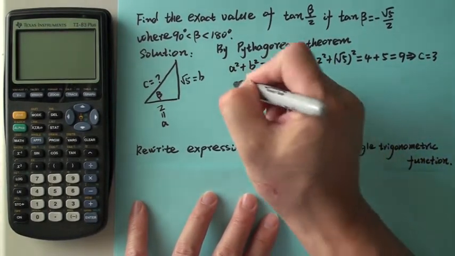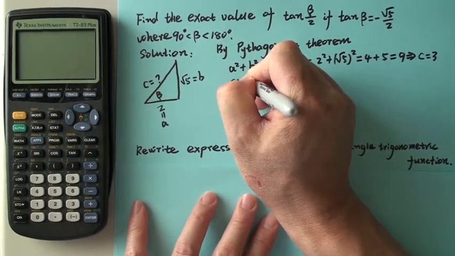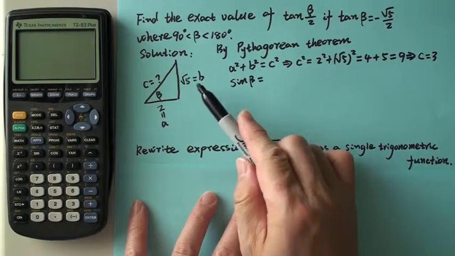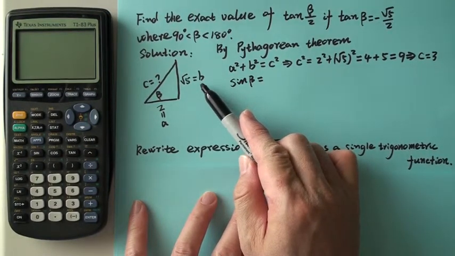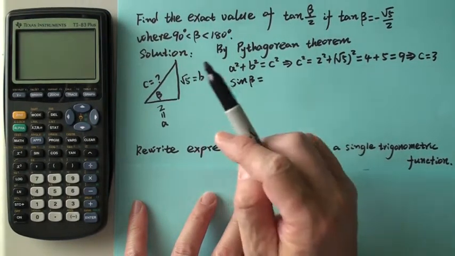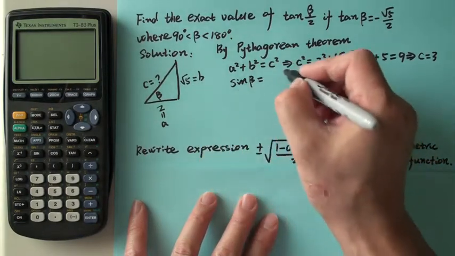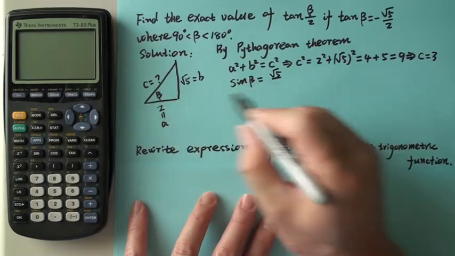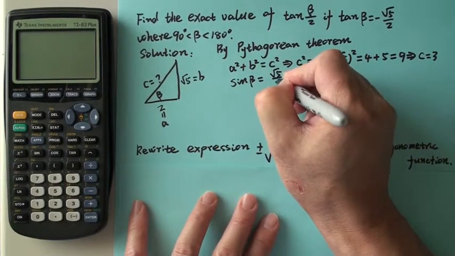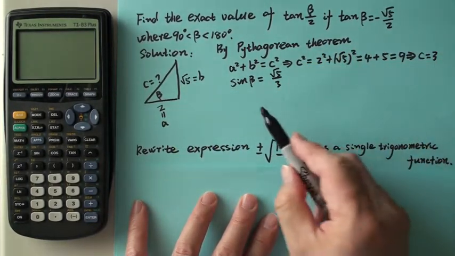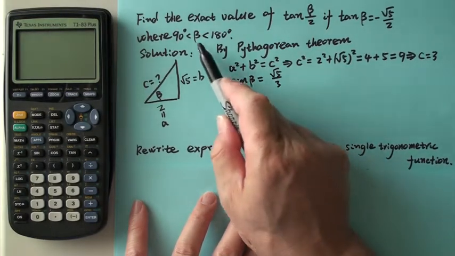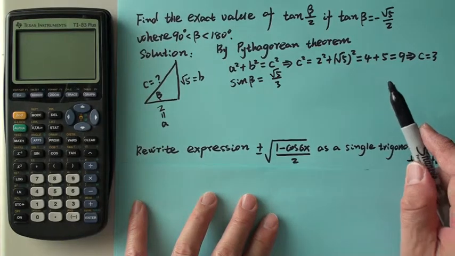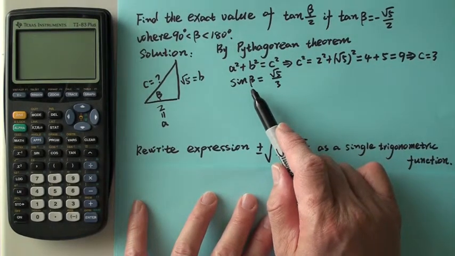Now what do we get? Sine beta is the opposite side over the hypotenuse. The opposite side is radical 5, over c, which is 3. Then beta is in the second quadrant, and in the second quadrant sine beta is positive.